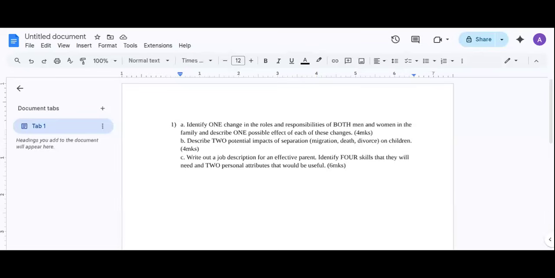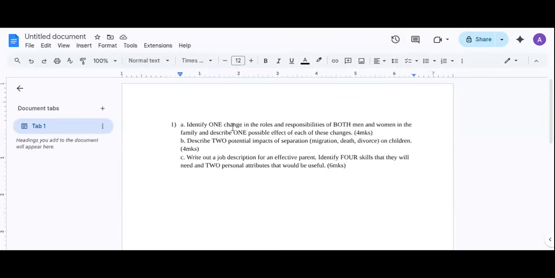So one time, you see the command word here. What is the command word? Anyone? Identify. Great. So we know that they just want you to state it, to list it, not to go into much detail. We look at how many marks it's worth. It is worth 4 marks. So let's break that up to see how the 4 marks are allocated.